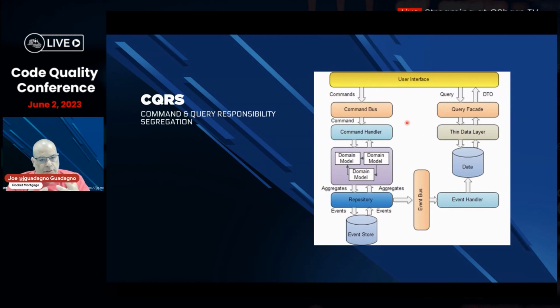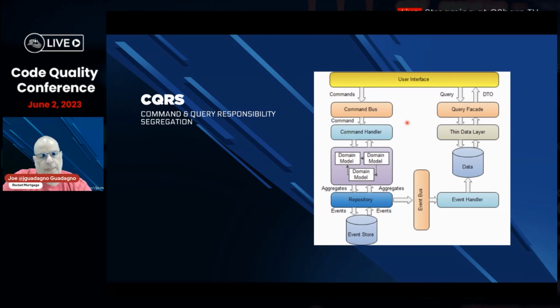In a more traditional architecture, you have a single model that does both reads and updates. But in the command query segregation principle, the idea is you have one part of the application that handles anything that requires updating and one that requires the querying or reporting.